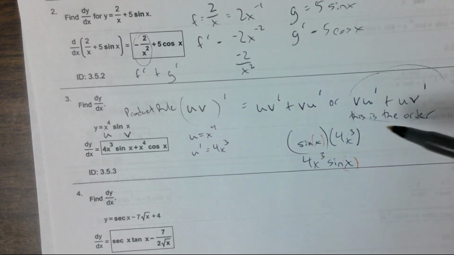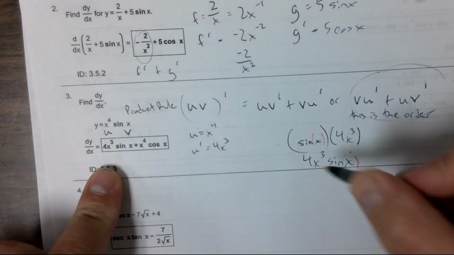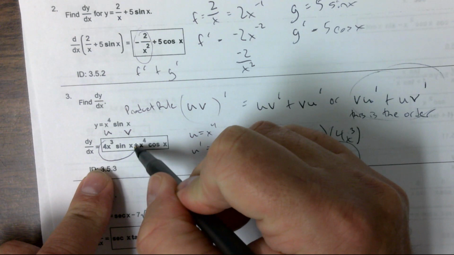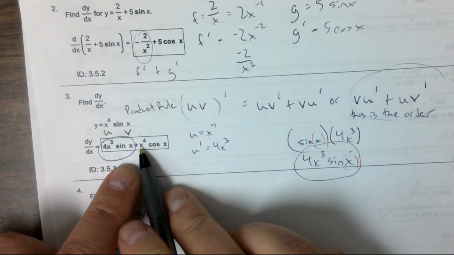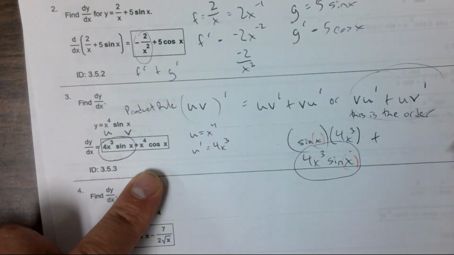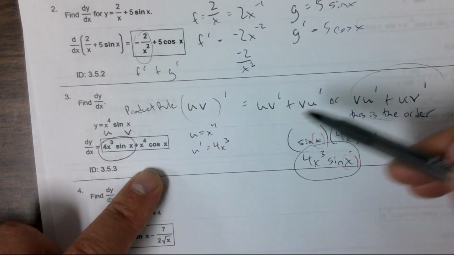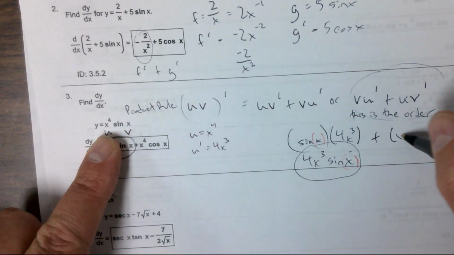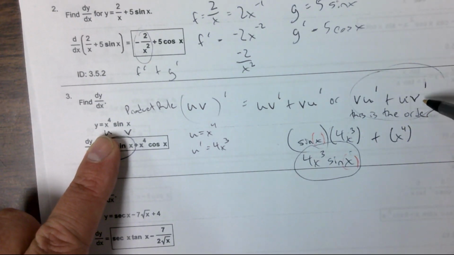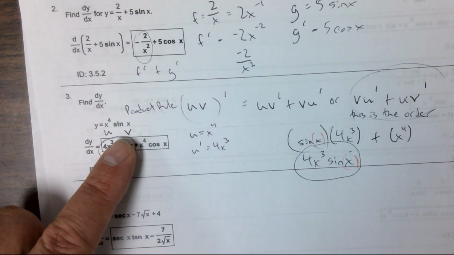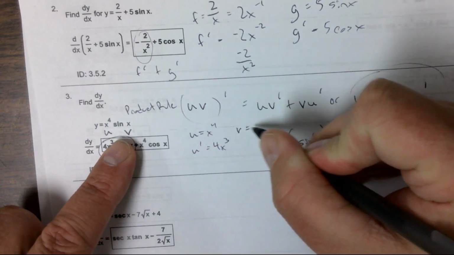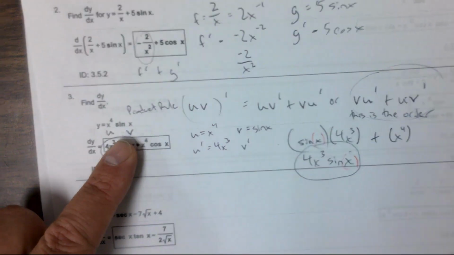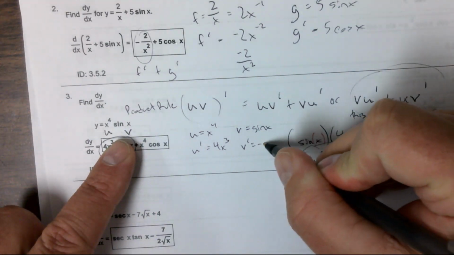Okay, so now we've done the front. So this part matches this part. And then we have our plus sign. Now u is x to the fourth. So we have x to the fourth. And then the derivative of v. So if v is sine x, v prime would be negative cosine x.